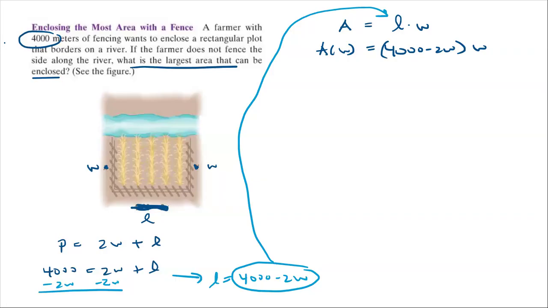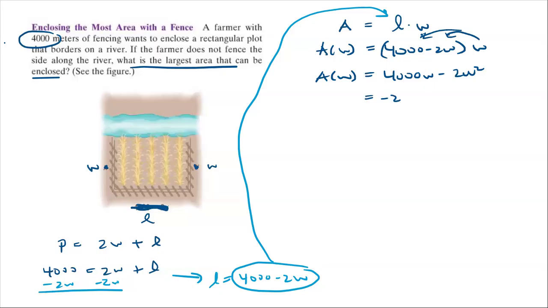Okay. So now we're going to distribute that W. So we're going to multiply that, and we get 4,000W minus 2W squared. Again, this is still A of W. And as I did before, I'm going to rearrange this so that the leading term will be the highest power.